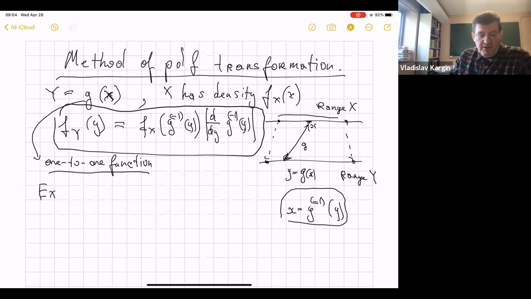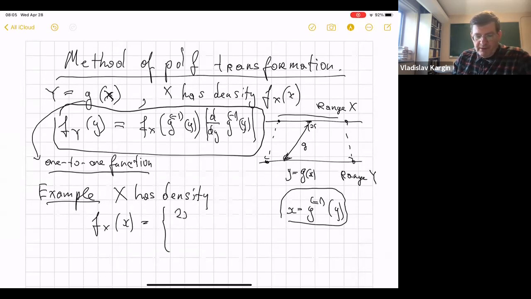The first example: we have x, and x has density f of x equal to 2x if 0 is smaller than x smaller than 1, and 0 otherwise.